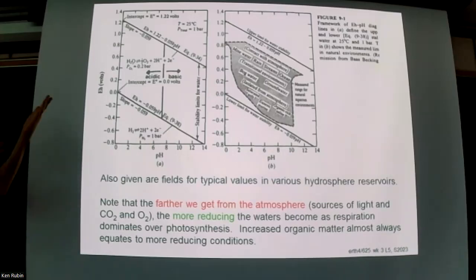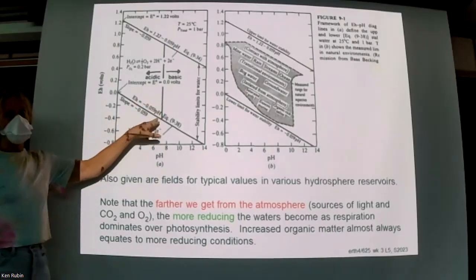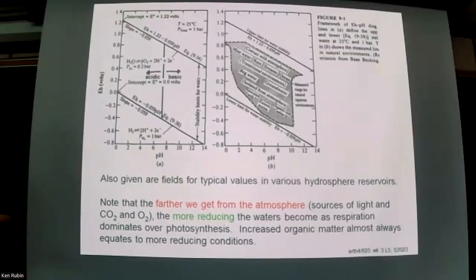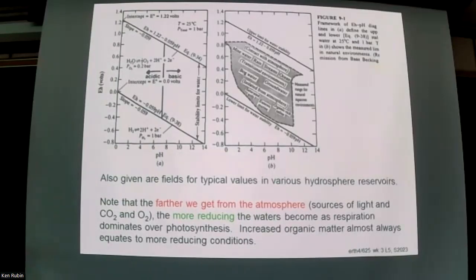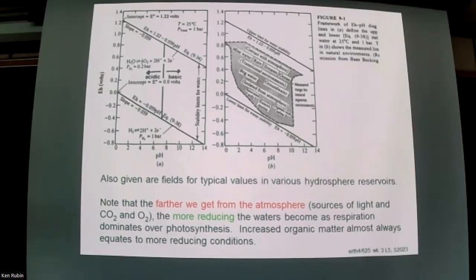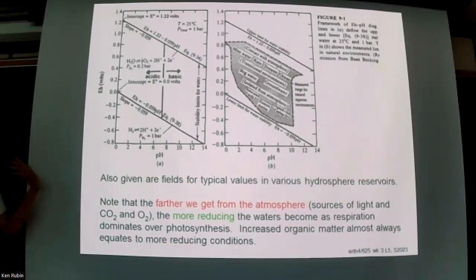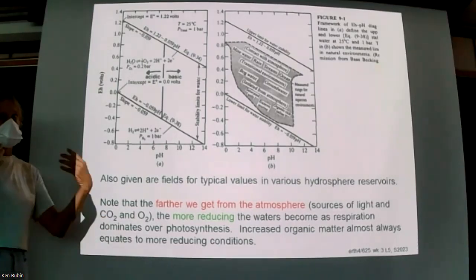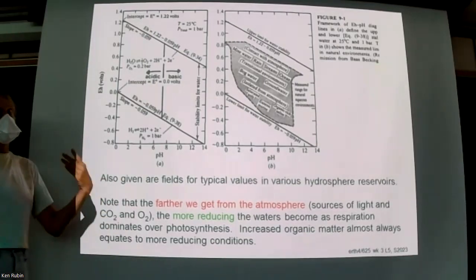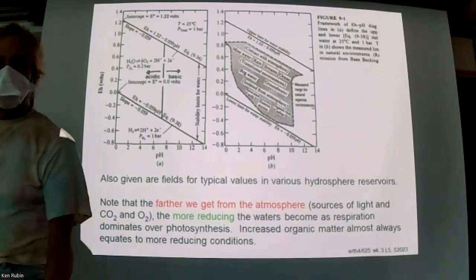So whether we're in a body of water, like a lake or the ocean, whether we're in groundwater, whether we're in soils, as we move away from the atmosphere, we tend to migrate down in this diagram. And it's not just happenstance, it's because in all those environments there's respiration going on, the thing we started the discussion on today. Respiration consumes oxygen, and when we consume oxygen, our pE goes down.